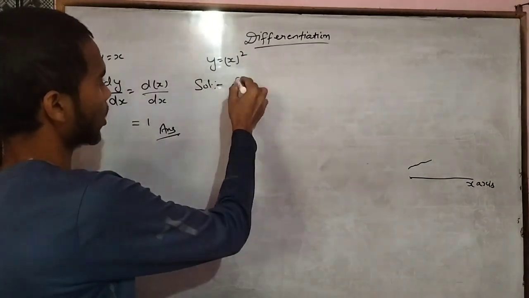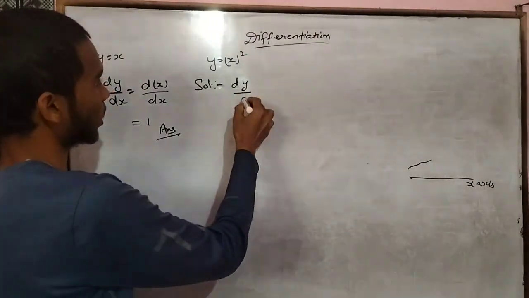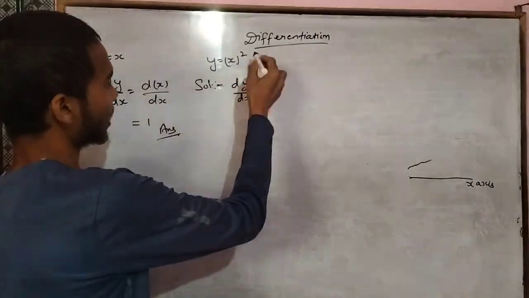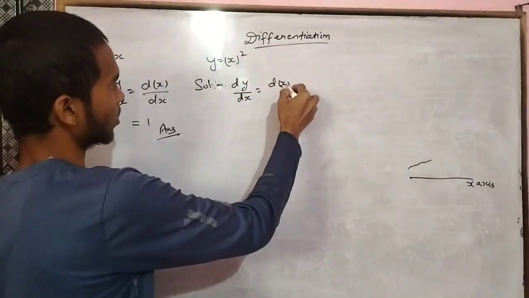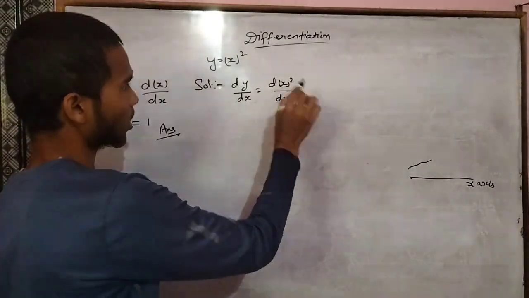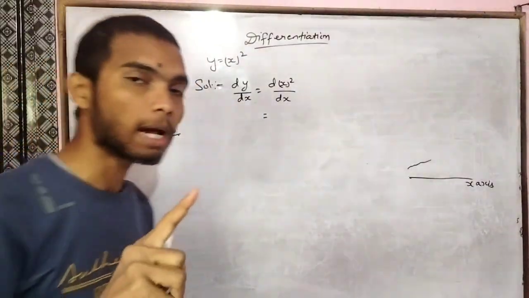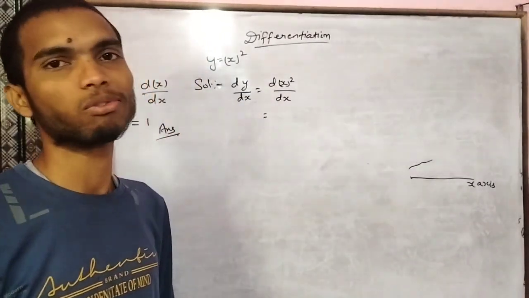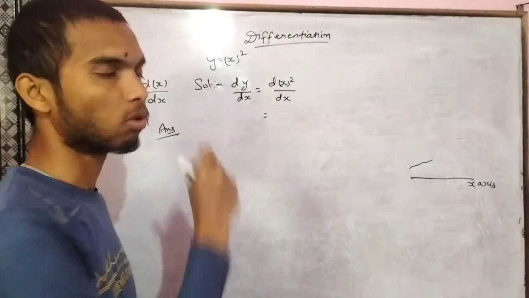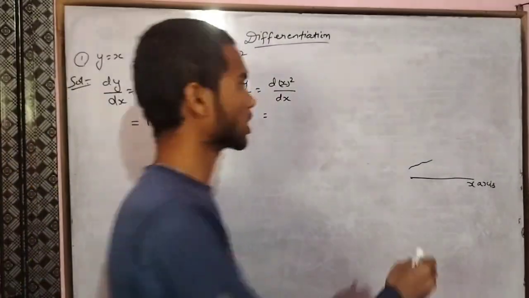Next, in place of y, we have x square. Now here we will apply a formula of differentiation for this equation. What is the formula?